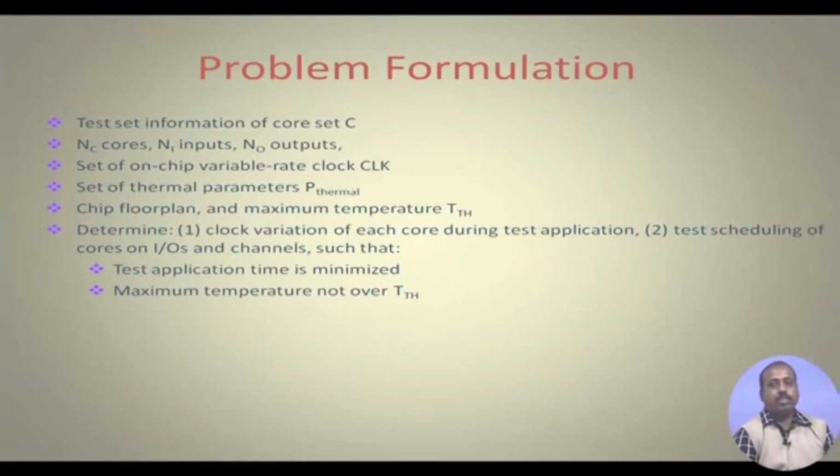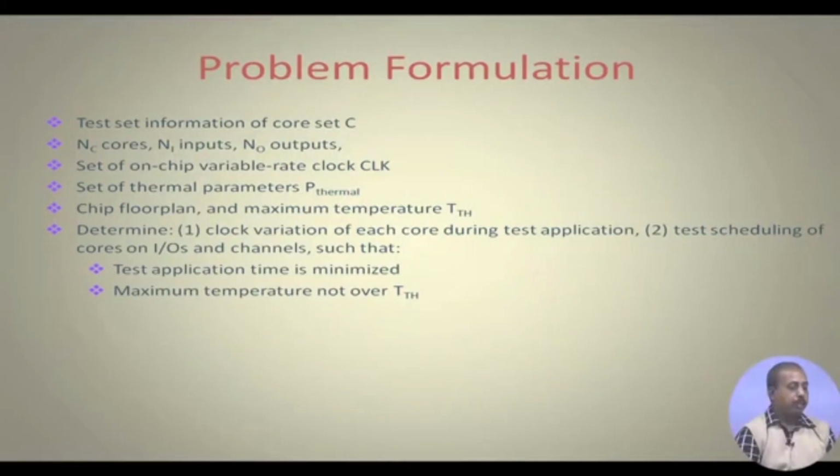As I have said, most of the systems have got a dynamic thermal management policy, and they have got a threshold there. Whenever that threshold is exceeded, the system is automatically shut down. So, we do not want that in testing. We need to control our operation below that threshold. Okay. So, that is the maximum temperature T threshold.